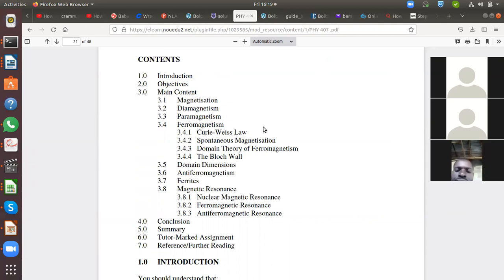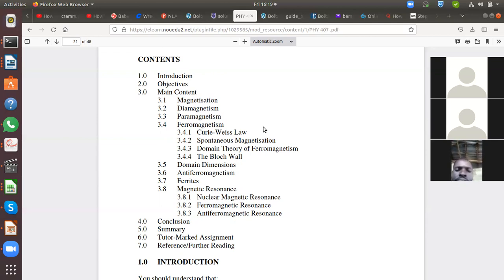And there is no way you can talk about magnetism without looking at some of the types of magnetization or magnetic properties. One of them is what we know as ferromagnetism, diamagnetism, and paramagnetism. So how do you identify that a material is ferromagnetic in nature? How do you know that a material is paramagnetic in nature?